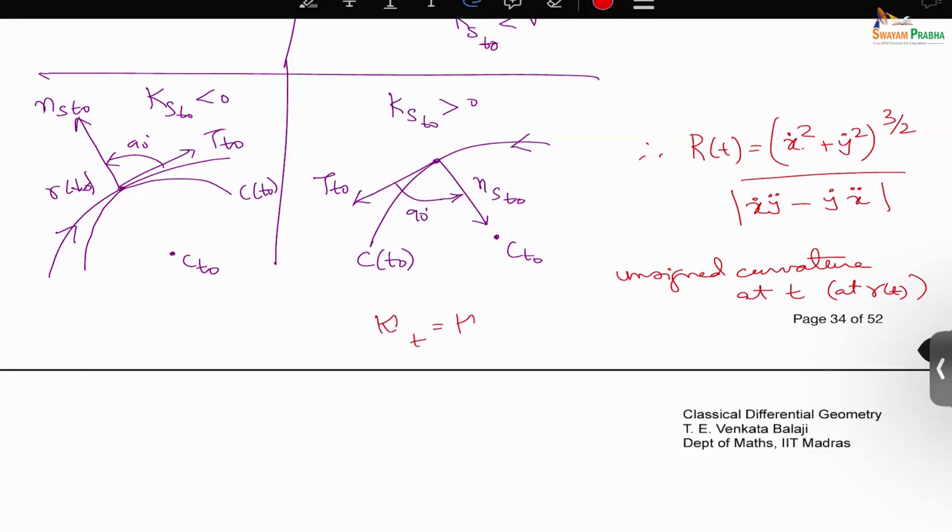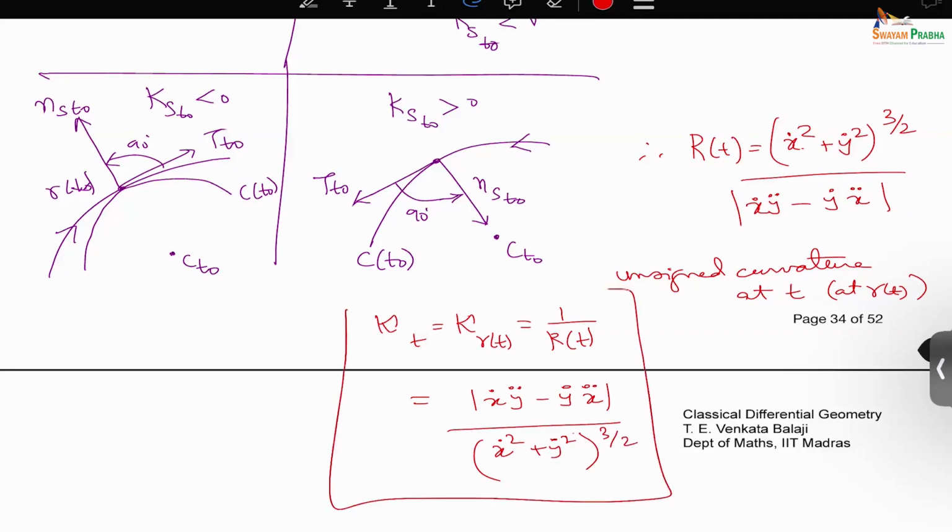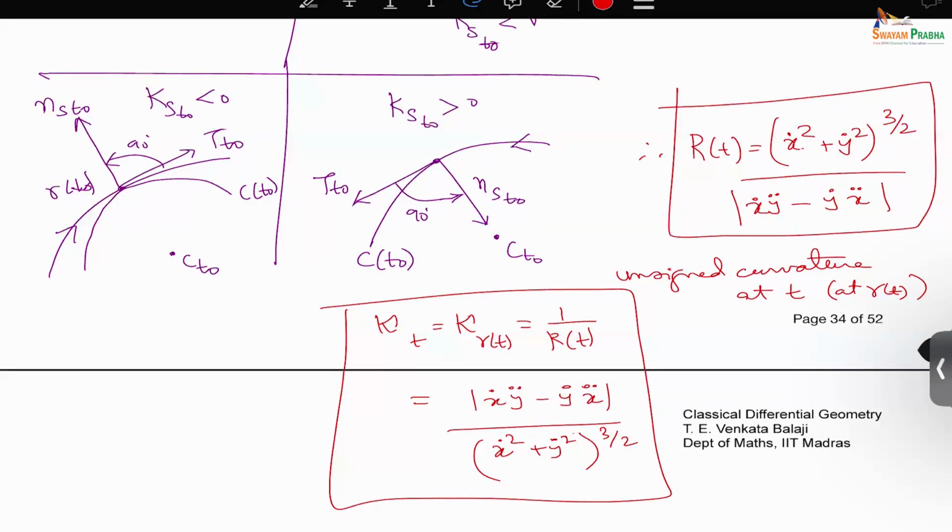Kappa t or kappa gamma t is 1 by r t, and you get this formula, namely it is mod of (x dot y double dot minus y dot x double dot) divided by (x dot squared plus y dot squared) to the power of 3 by 2. Okay, this is what it is. So you have got these formulas.